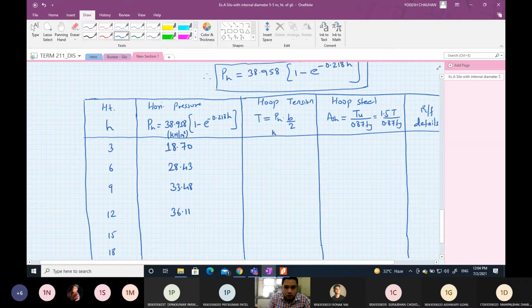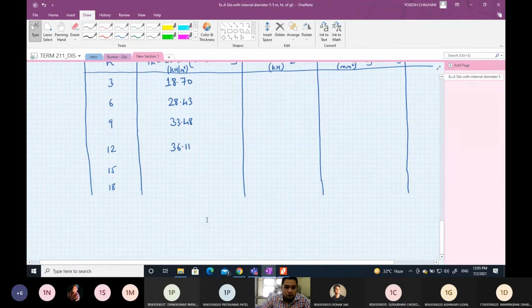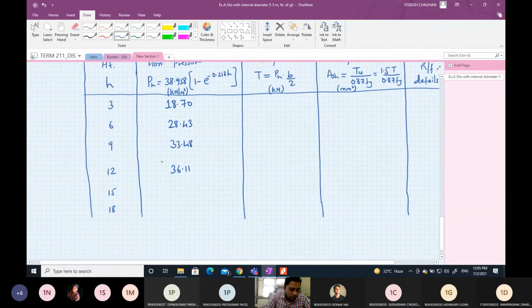At 15 meter 37.48, and at 18 meter it is 38.19.